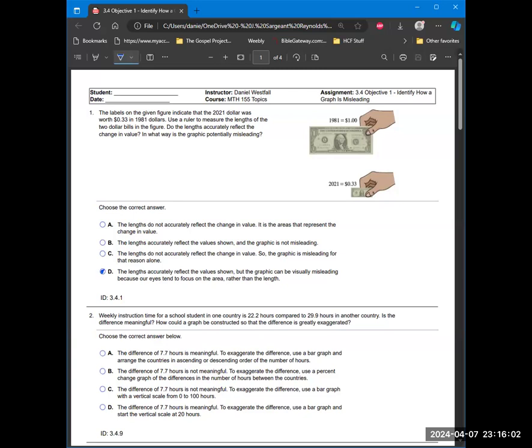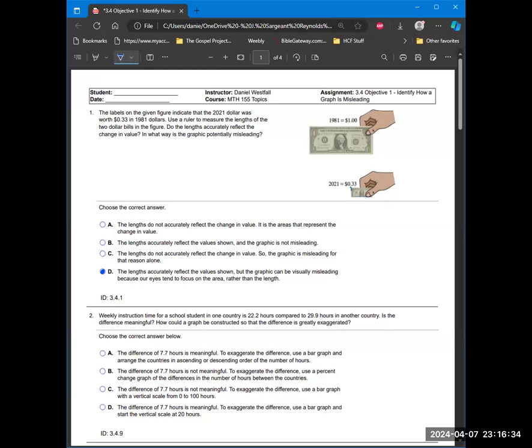Because we have reduced the length and the width of the dollar bill, we have actually reduced the area much more than what we intend people to see. We intend people to see that this length is about a third of this length, and that this length is about a third of that length, but a third times a third is a ninth.